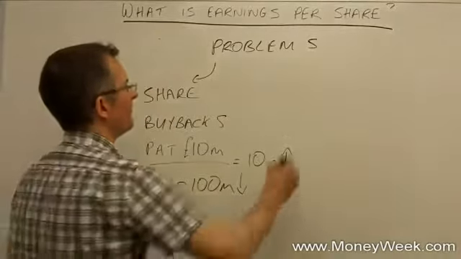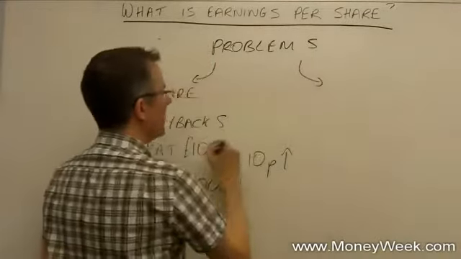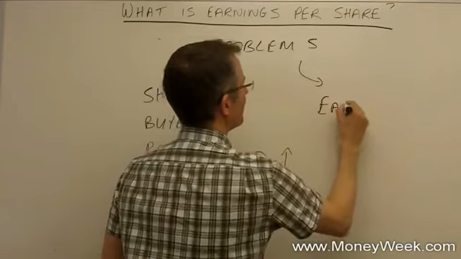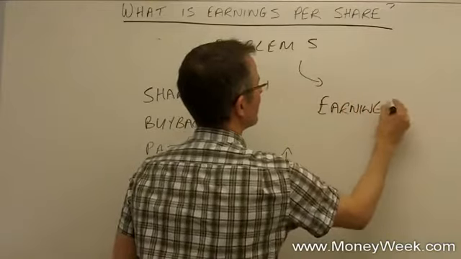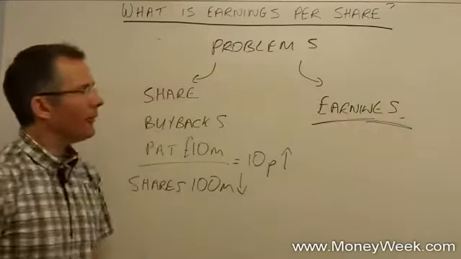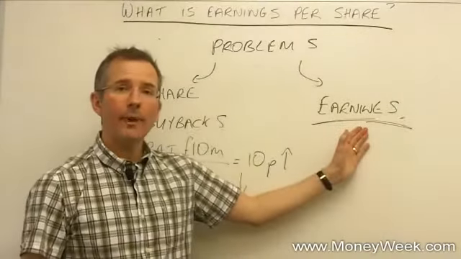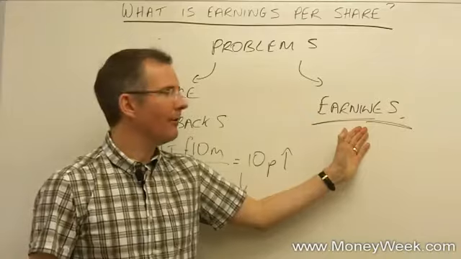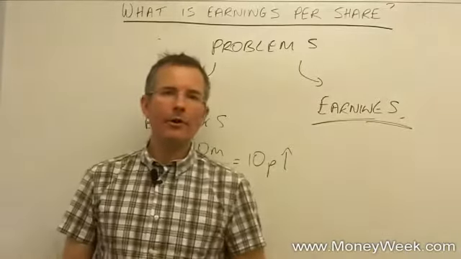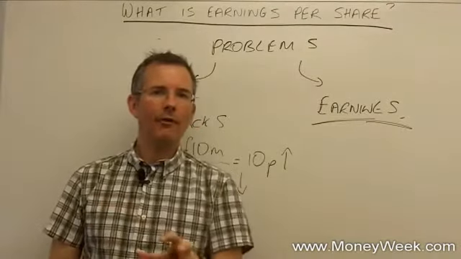And there's another problem. It is with the earnings figure being used. Because it's the profit figure after tax, lots of things have been deducted to get to it, and some of them are quite subjective. So for example, you've deducted the depreciation of fixed assets.